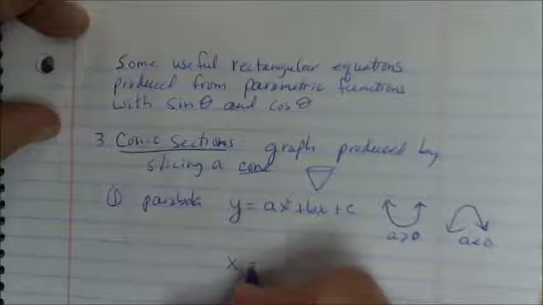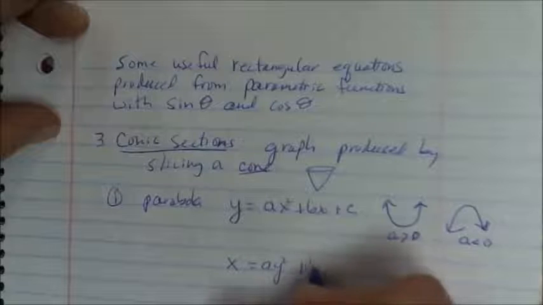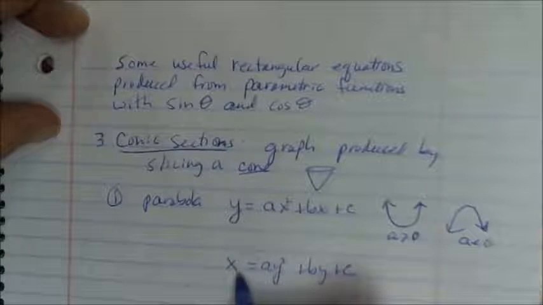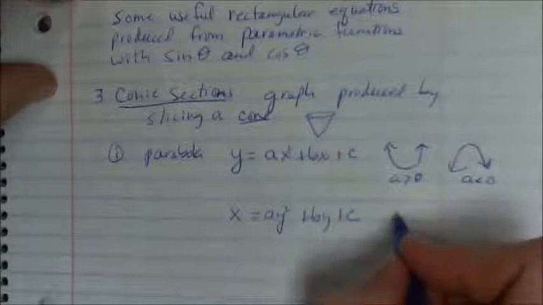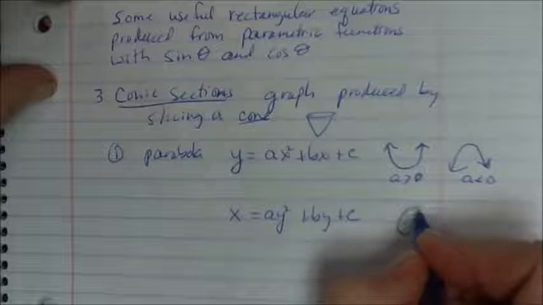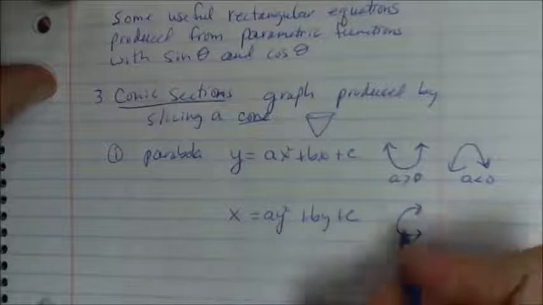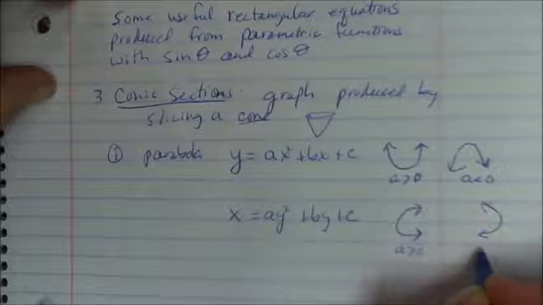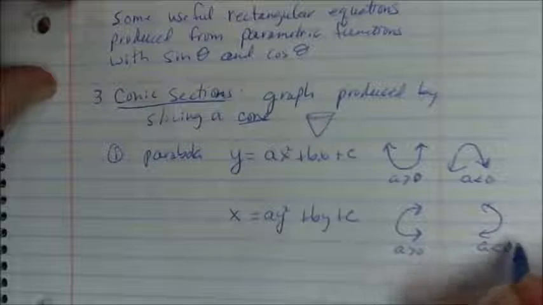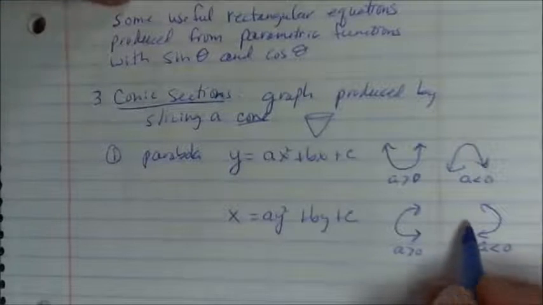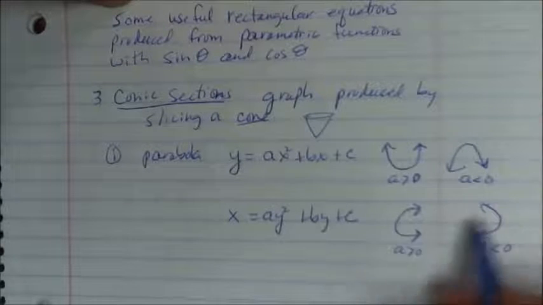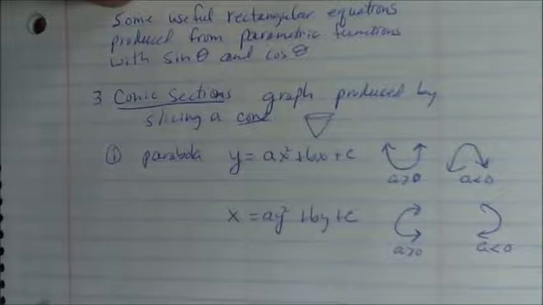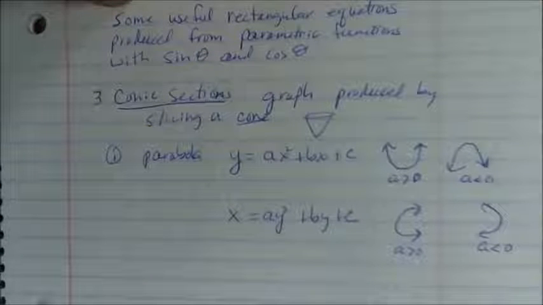You can also have x equals ay squared plus by plus c. And this type of a parabola would open to the right. It would be shaped like a C if A is positive, and it would be shaped like a backwards C if A is negative. And these are not functions. You could produce these types of graphs, though, if you were to write some parametric equations.